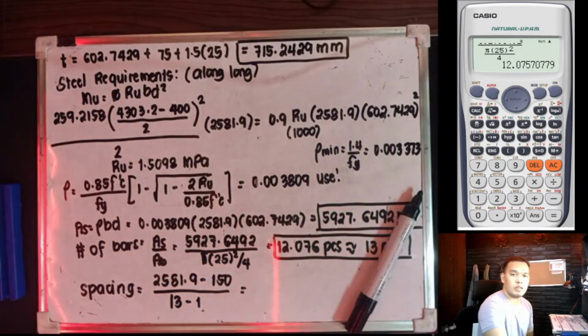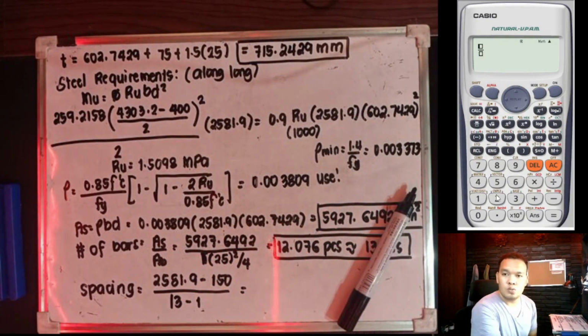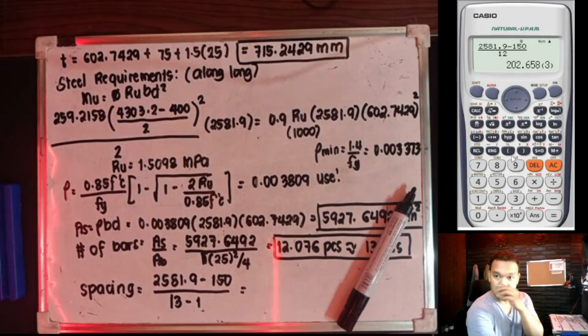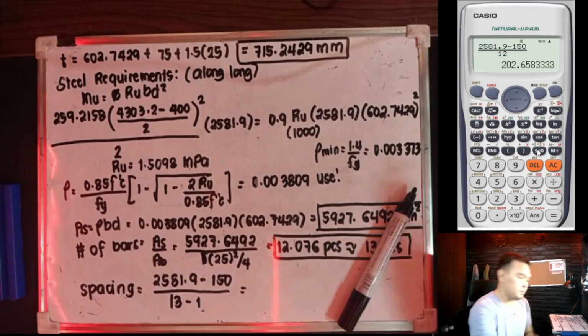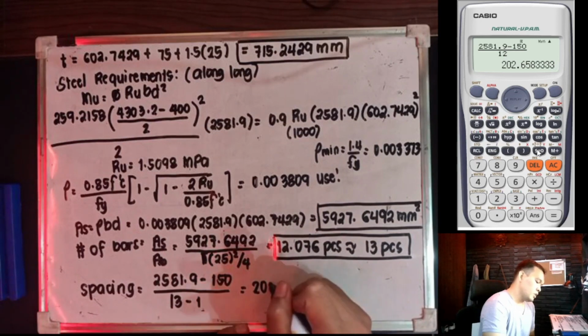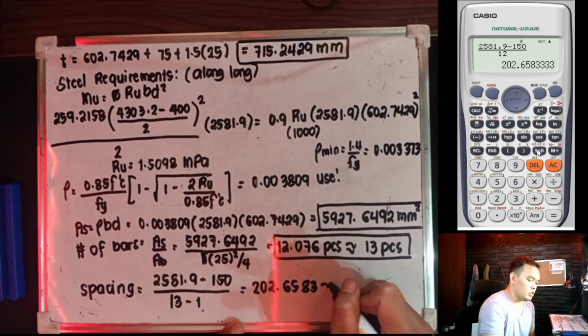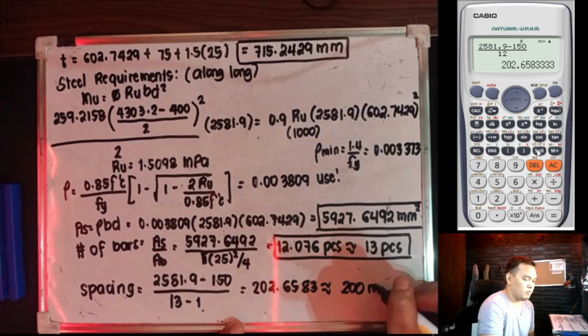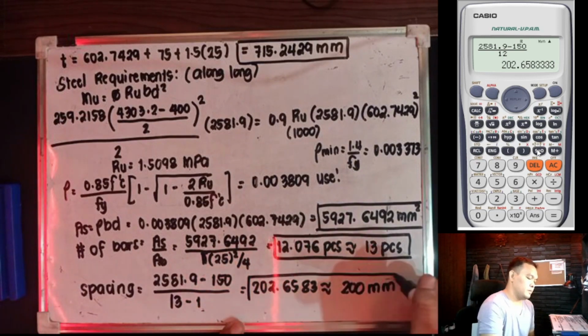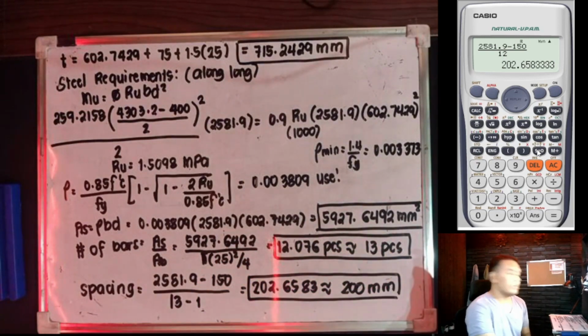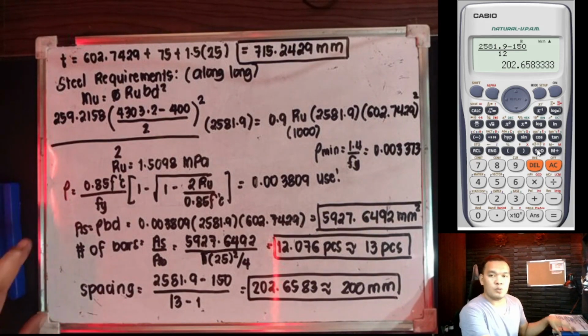So the spacing is equivalent to 2581.9 minus 150 divided by 12, equals 202.6583, or say 200 mm spacing. Okay? So that's only the along-long reinforcement we have computed so far.